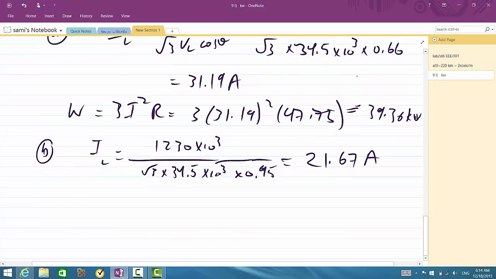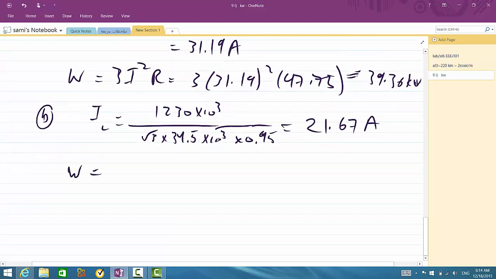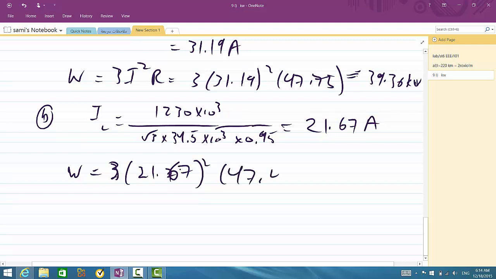So reducing the current value will reduce the losses, which is 3 times 21.67 squared times 47.75, and this will equal, sorry, 67.27 kilowatt.